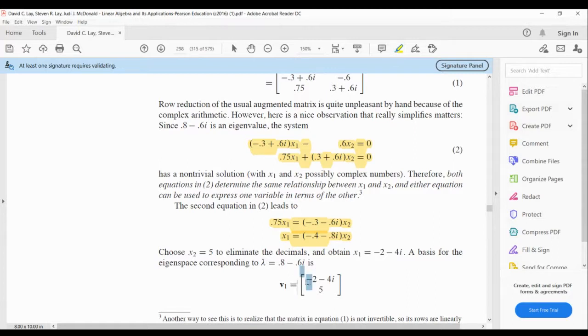The first eigenvector is here. Now, given that's one of the eigenvectors, if one eigenvector has components negative 2 minus 4i and 5, what's the second eigenvector going to be? What's the second one have to be?